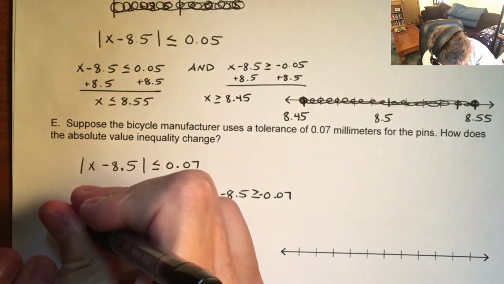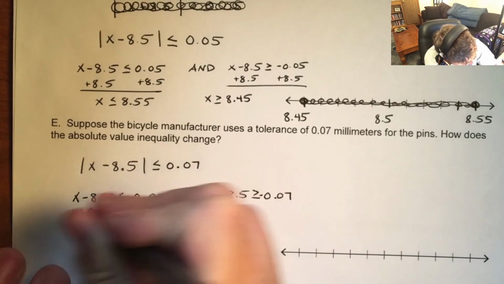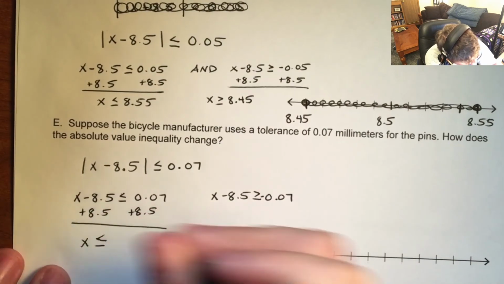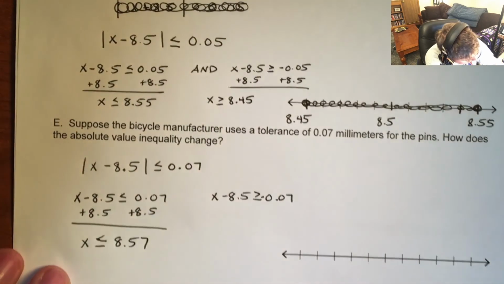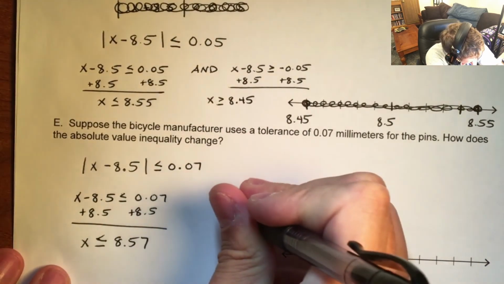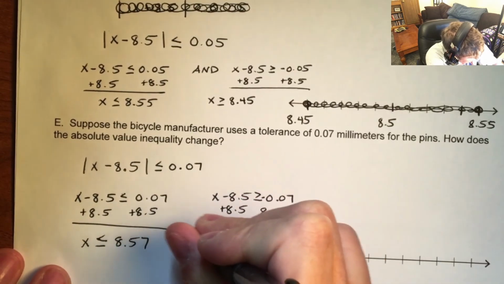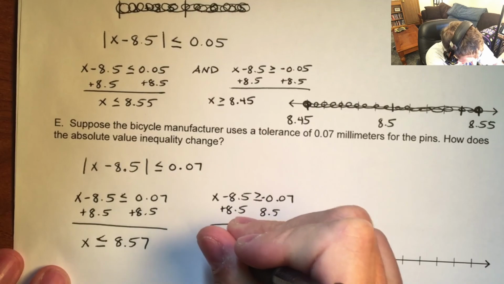Okay, so let's add 8.5 to each side, meaning x needs to be less than or equal to 8.57, and add 8.5 here, and x needs to be greater than or equal to 8.43.